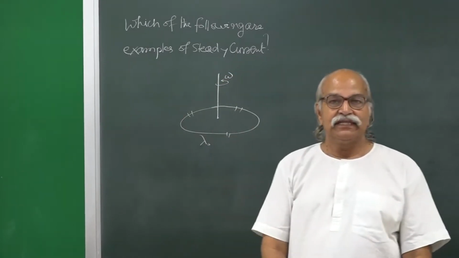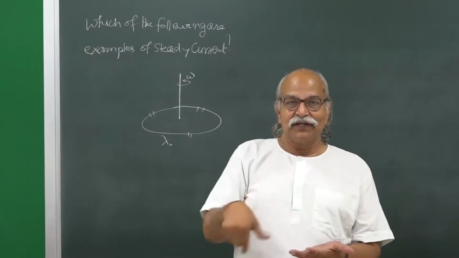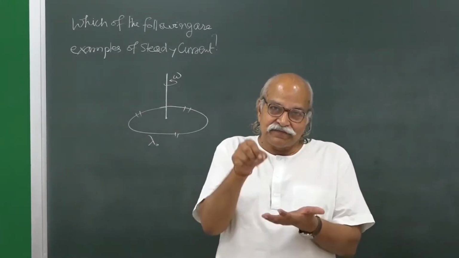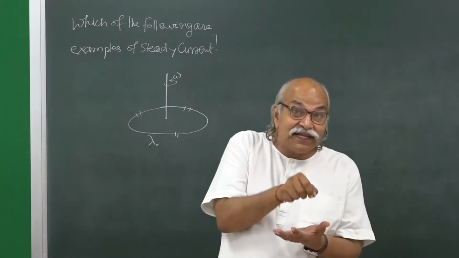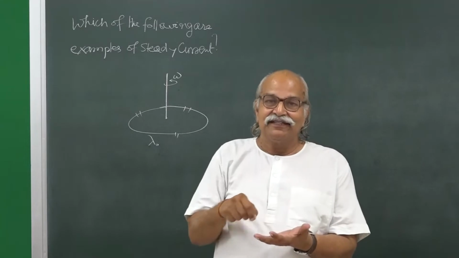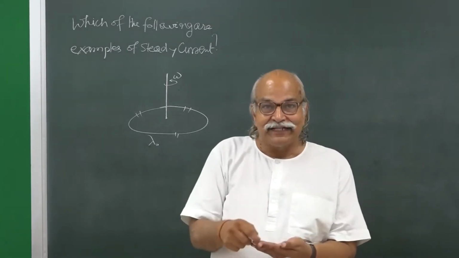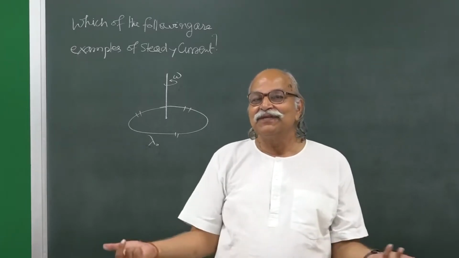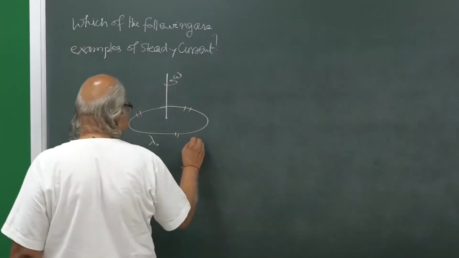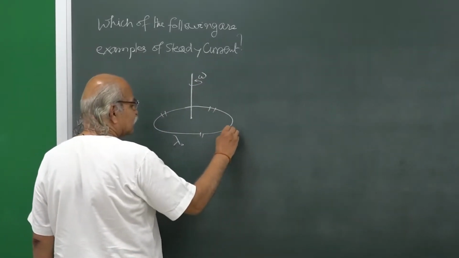Okay. So, since the charges are moving on the circular path, there is a current at the site of that ring, where you have charges, and therefore you have current. If you are somewhere else, not on the ring, then there is no charge, there is no current. So, at places I is 0, and at places I is not 0.